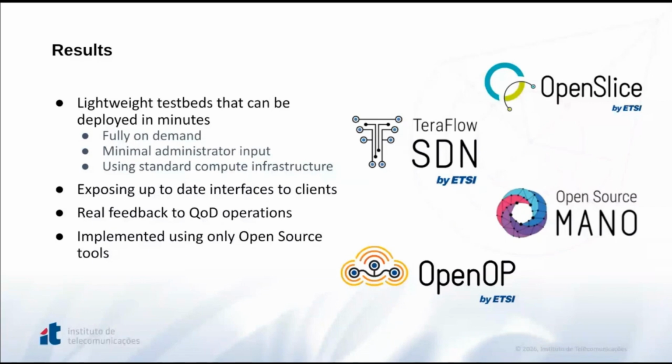And all of this is implemented using a standard computing infrastructure, no special hardware needed. These testbeds provide modern APIs to the clients that have real feedback when using quality on-demand operations. And all of this was done using only open source tools and projects, including some of ETSI's own software projects, namely OpenSlice, TerraFlow, OSM, and OpenHub.